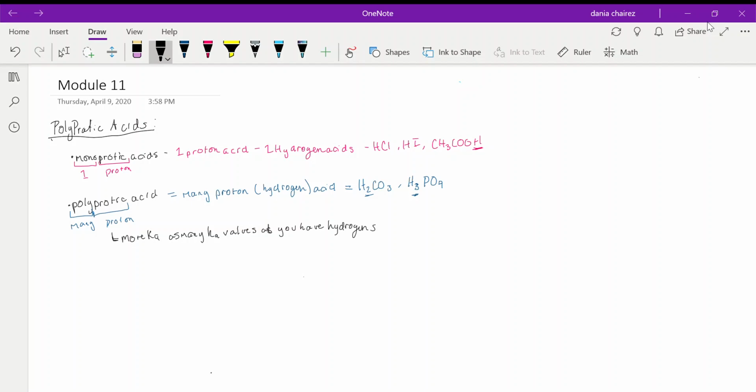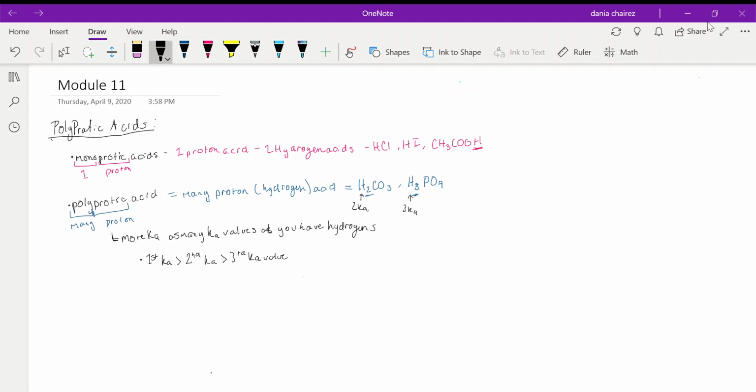So for carbonic acid, you have two hydrogens, so you would have two Ka values. Phosphoric acid, you would have 3 Ka values. And your first Ka value is going to be larger than your second Ka value, which is going to be larger than, let's say, your third Ka value.